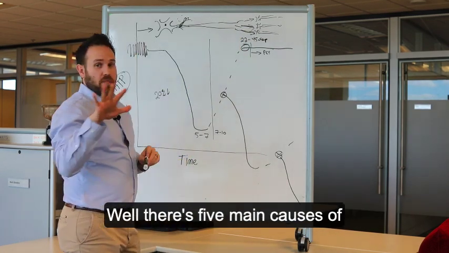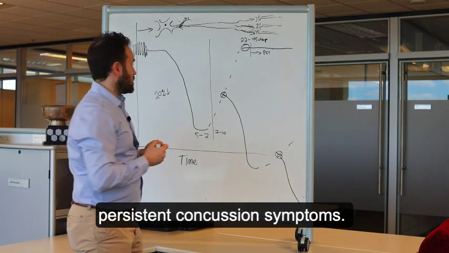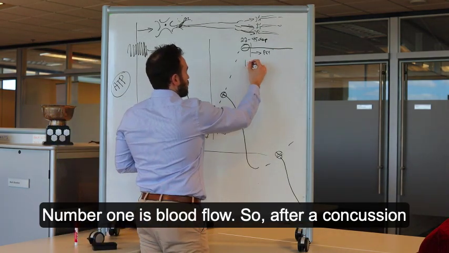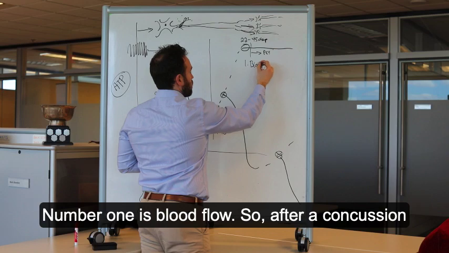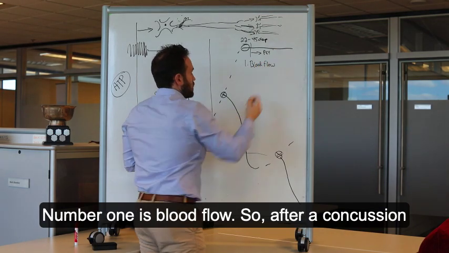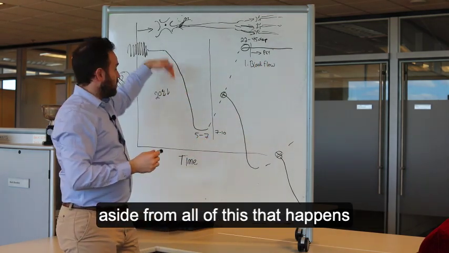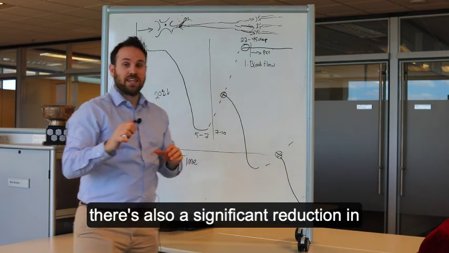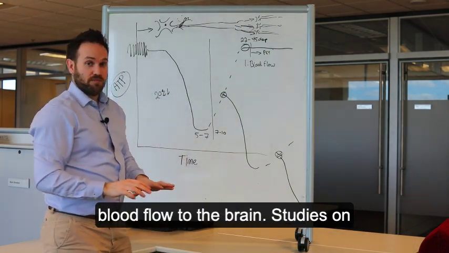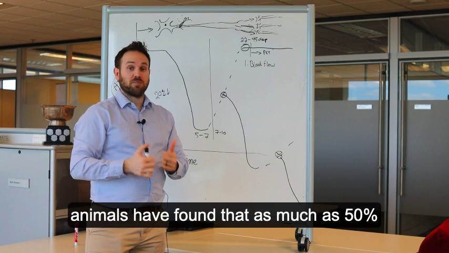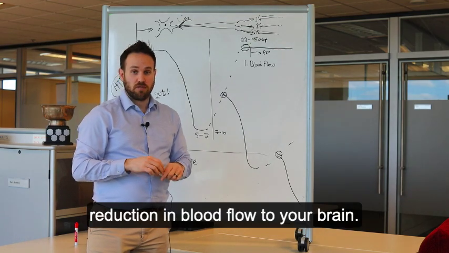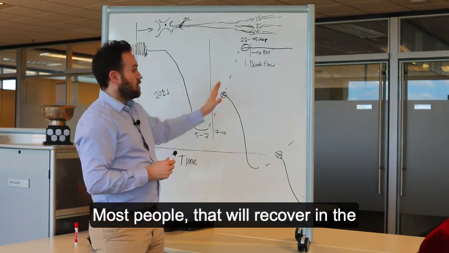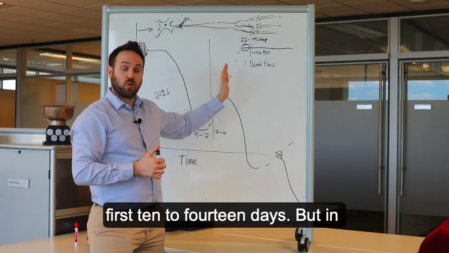Well, there are 5 main causes of persistent concussion symptoms. Number 1 is blood flow. After a concussion, aside from all of this that happens, there's also a significant reduction in blood flow to the brain. Studies on animals have found as much as a 50% reduction in blood flow to your brain. Most people will recover in the first 10 to 14 days.